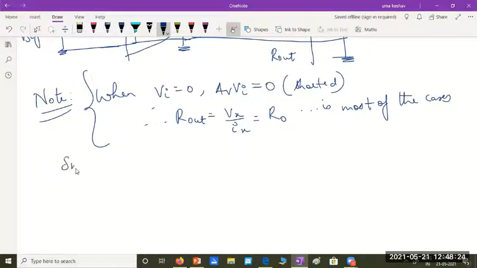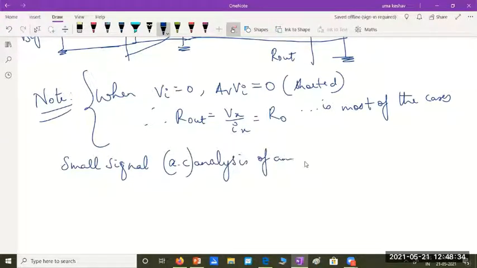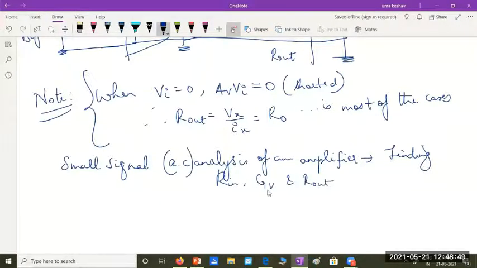Whenever we say small signal or AC analysis of an amplifier, it involves finding the input impedance, the voltage gain, I'll say overall voltage gain, and the output impedance of the amplifier.